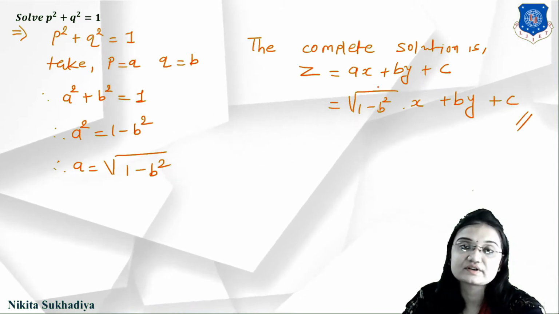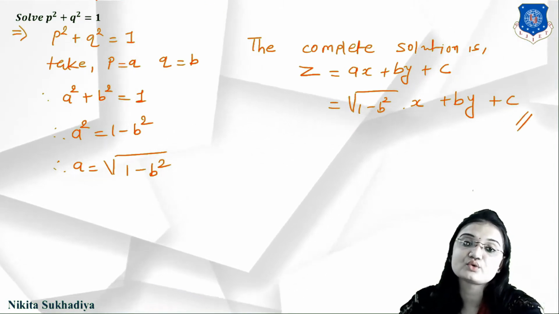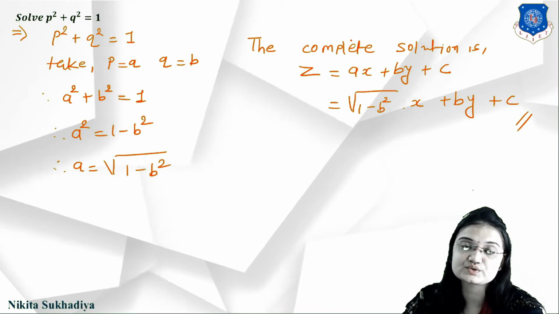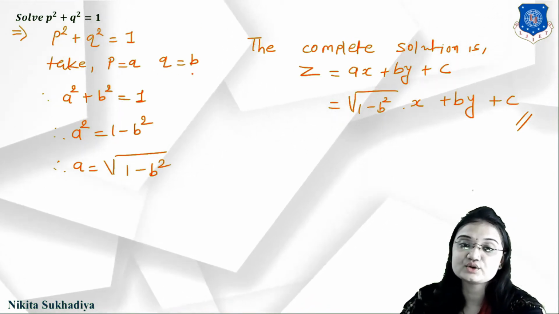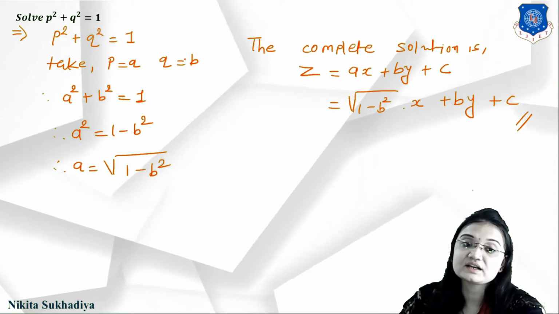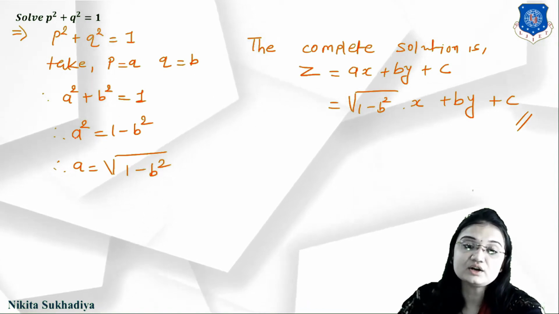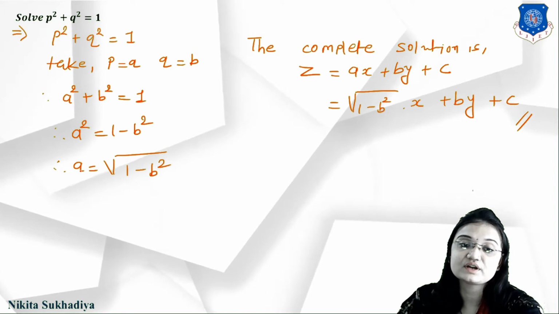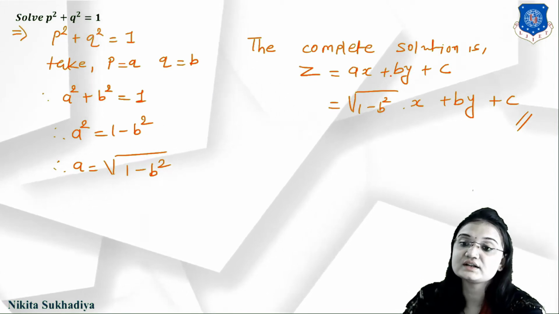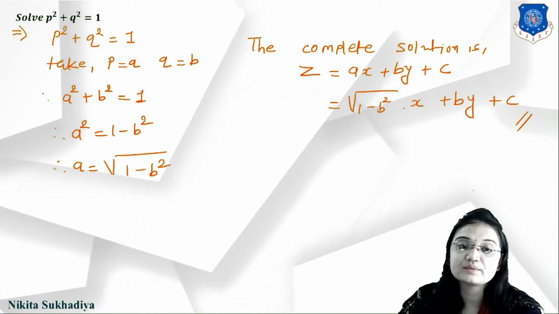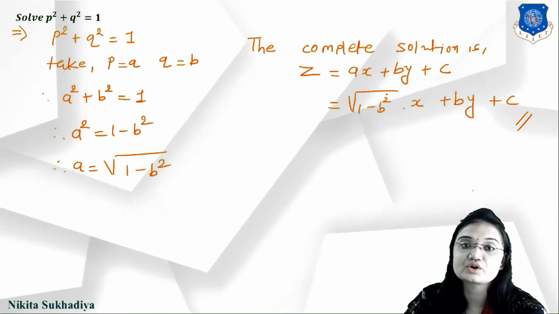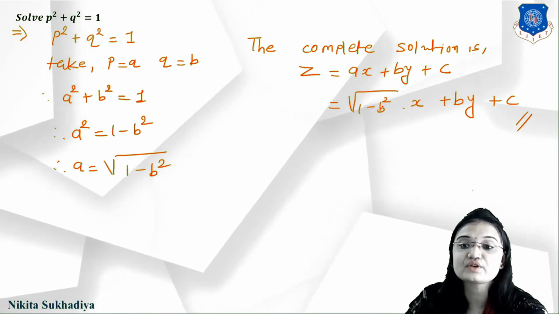This one is our complete solution for p square plus q square is equal to 1, by putting p is equal to a and q is equal to b, and by taking any one common, either a or b. Here we have taken a common, so our final complete solution is in the form of only b. If we take b common, then our final complete solution will be in the form of a.